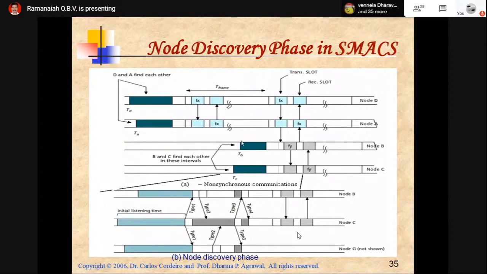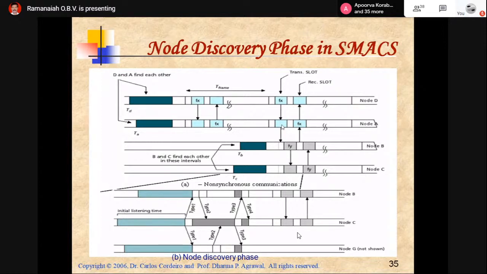Now with this, you should be able to understand the two phases: node discovery and channel assignment, and schedule fixation. Channel gets assigned and schedules for transmission and reception are fixed. Once that is done, the network is ready for communication. This is why this protocol, SMAX, is said to be an infrastructure building protocol.